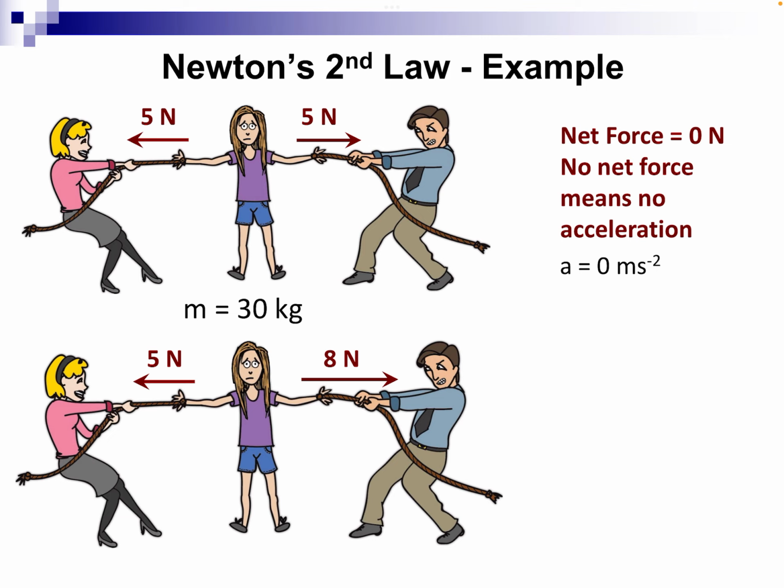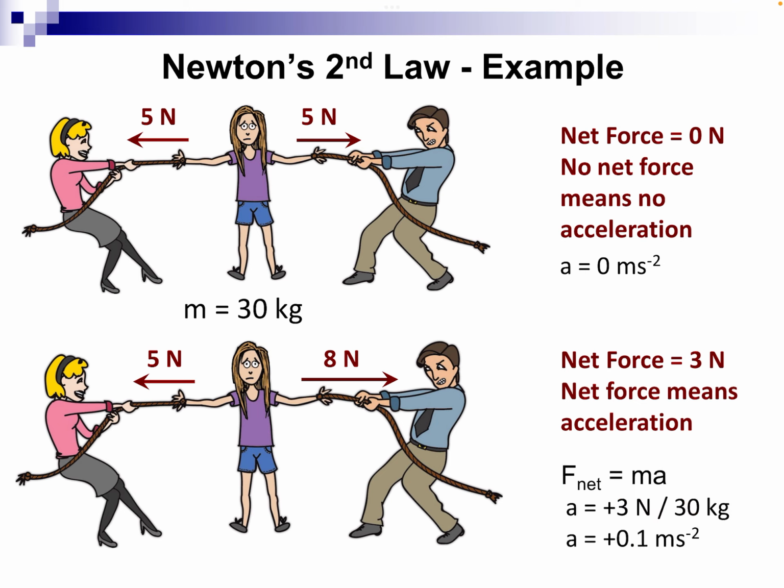On the other hand, if the girl is pulled to the right with a bigger force compared to the pull to the left, the net force will then be 3 newtons in the direction of the bigger force, or to the right. If you have a net force, it means that there will be some acceleration.